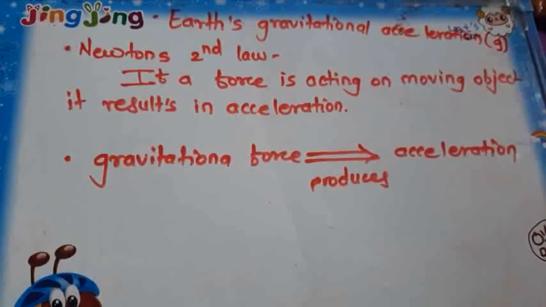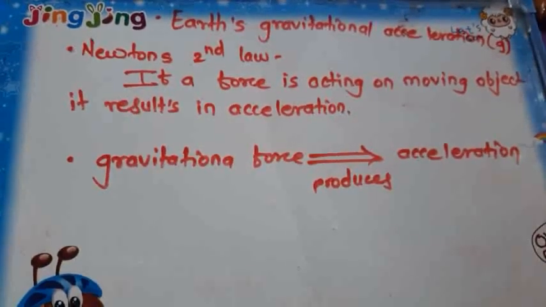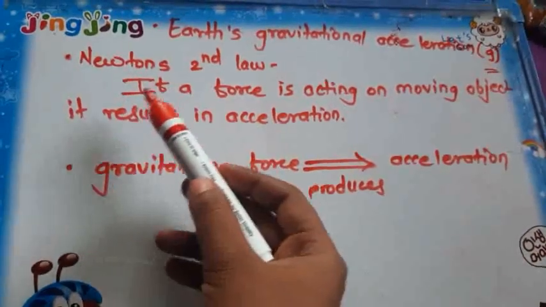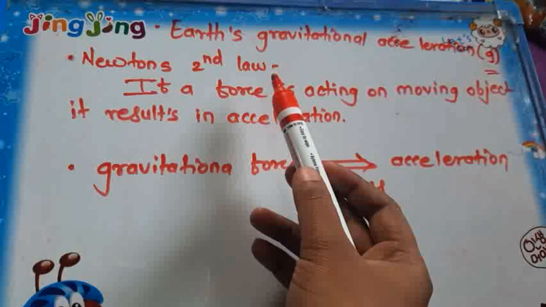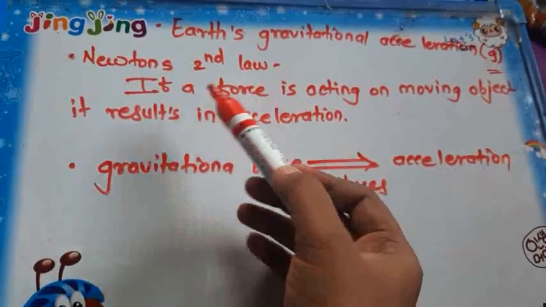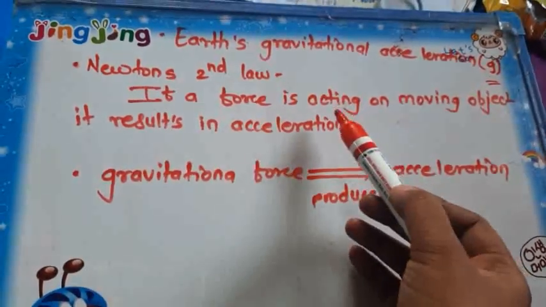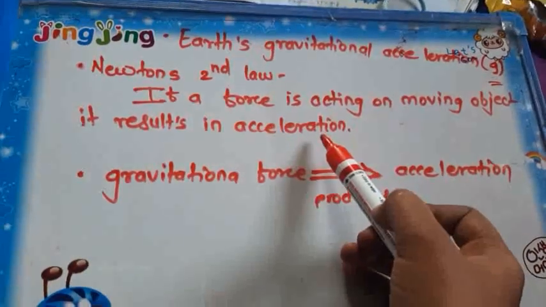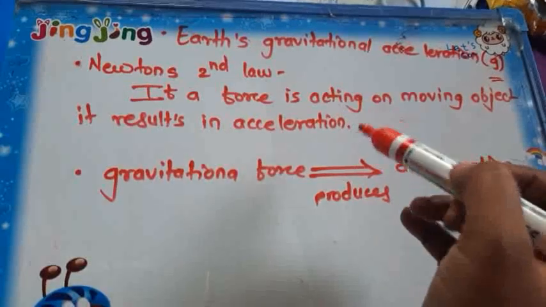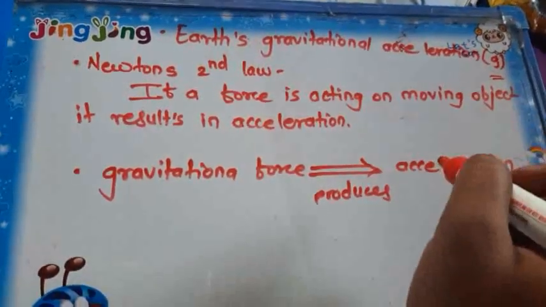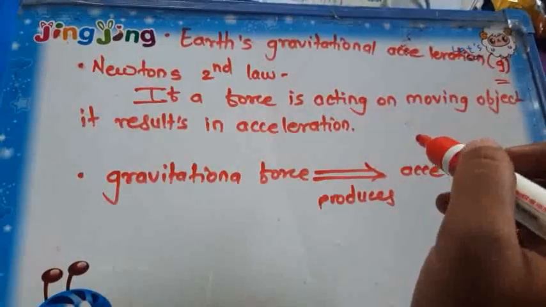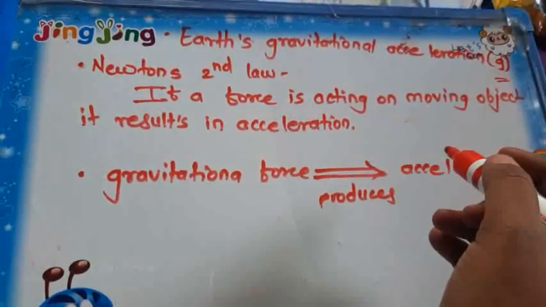Next point is Earth's gravitational acceleration, which is denoted by small g. Newton's second law, last year you have studied. What is its statement? If a force is acting on a moving object, it results in acceleration. That is, if a force is acting on any object which is in motion, due to that force, acceleration will be generated in that body.